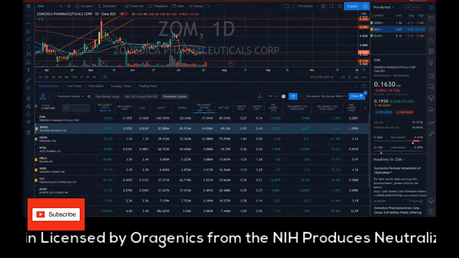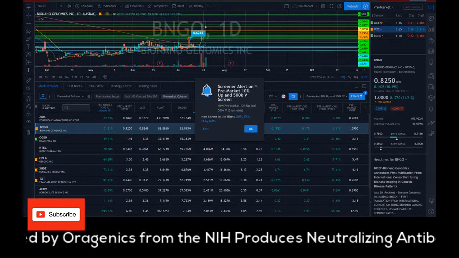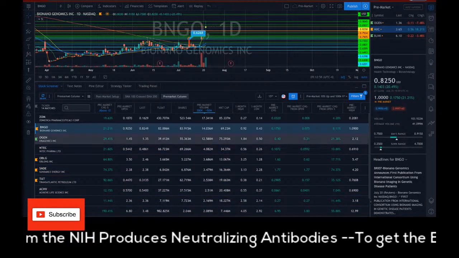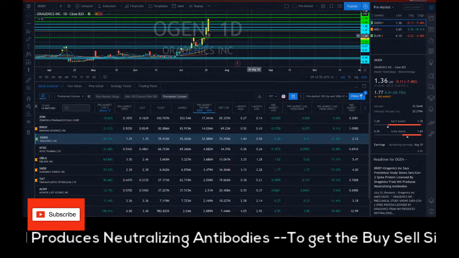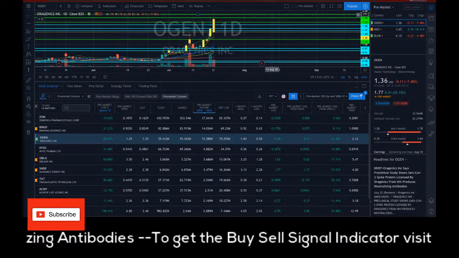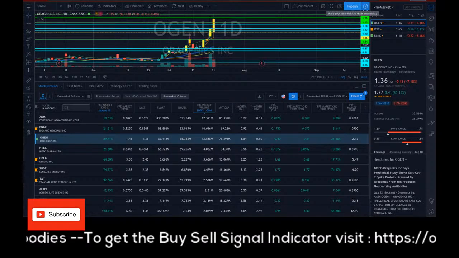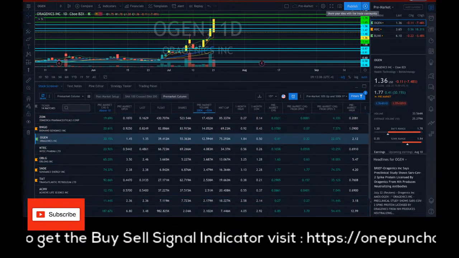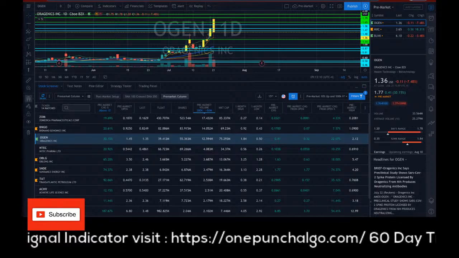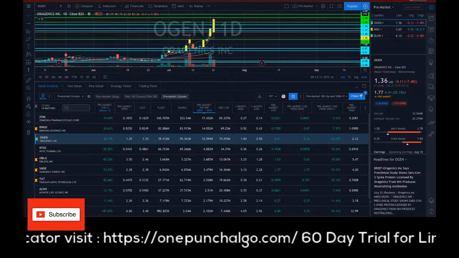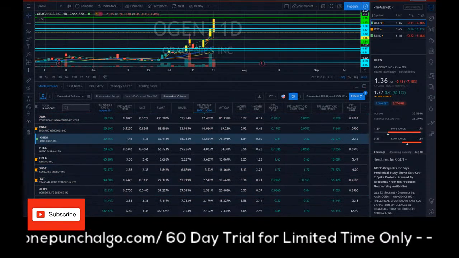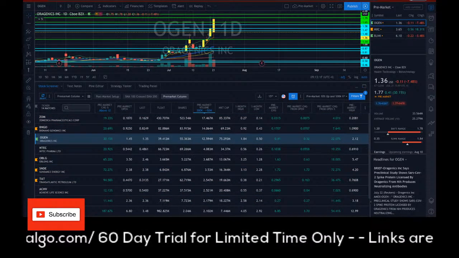Well, for BNGO, let's see if you can copy. OGEN, let's see if you guys can copy, because that's the one I feel like I'm not gonna get stuck on, but I'm gonna check this stock. Alright, so here you may be able to copy it, for an example.